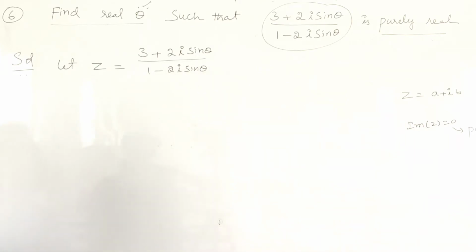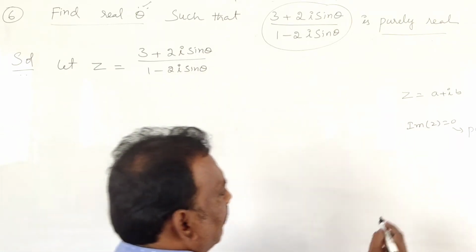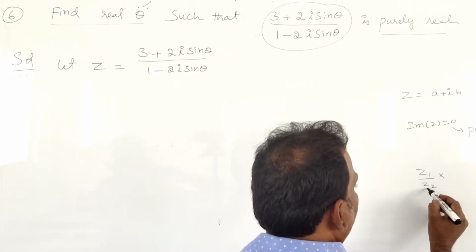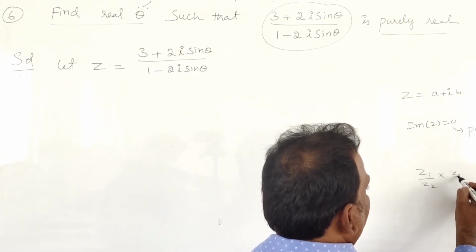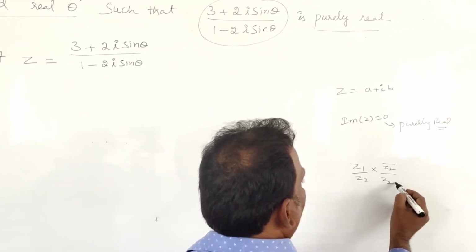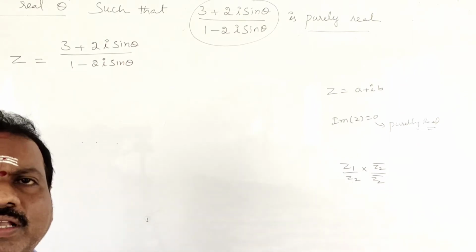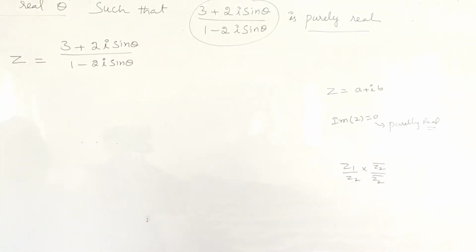Let z is equal to (3 + 2i sin theta) upon (1 - 2i sin theta). Next, I told whenever the complex number is in the format of z1 by z2, you always have to take the conjugate of z2, that means z2 bar by z2 bar. Multiply and divide with the conjugate. What is the conjugate of a complex number? You have to replace i as minus i.